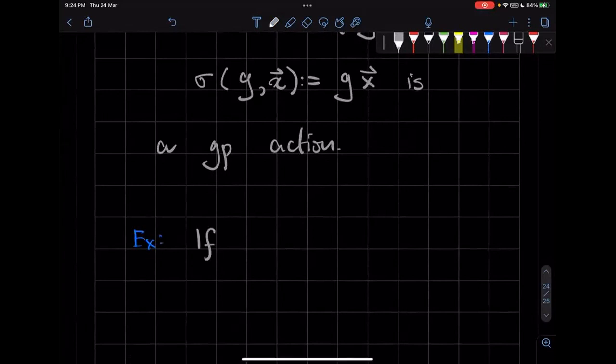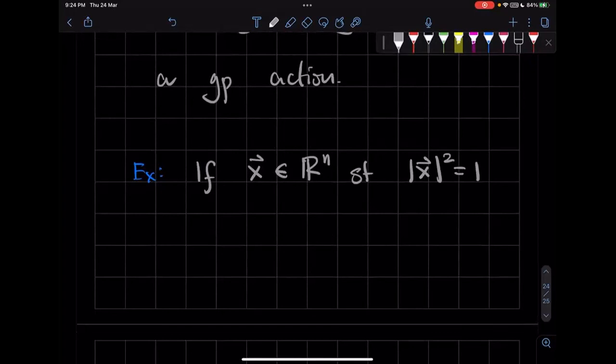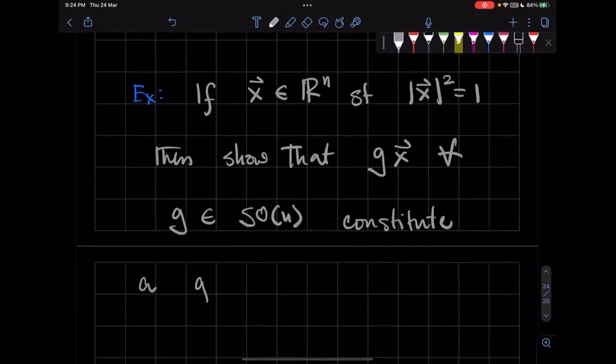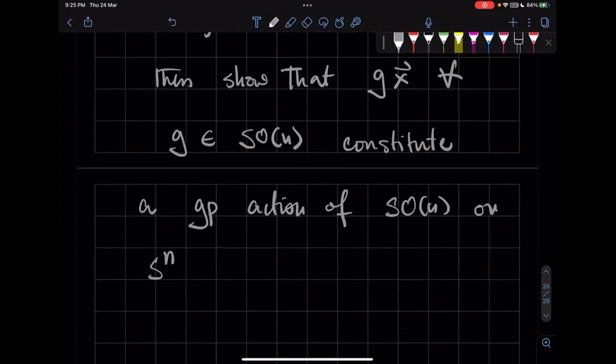So if X is an element of Rn such that the modulus of X squared is 1, that is, it forms an n minus 1 sphere, then show that G of X for all G in SOn constitute a group action of SOn on Sn minus 1.